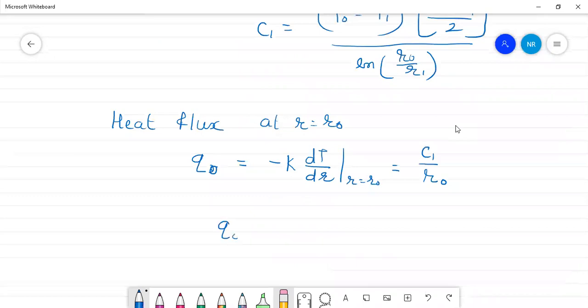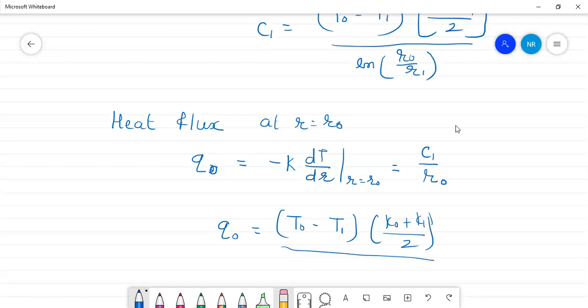So Q0 is equal to T0 minus T1 divided by K0 plus K1 divided by 2, divided by R0 ln R1 divided by R0 divided by R1.